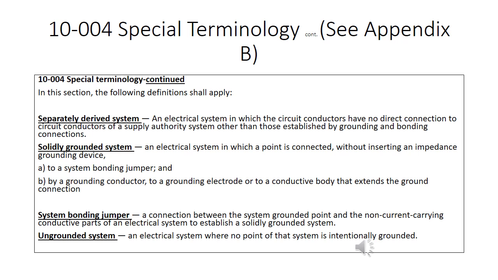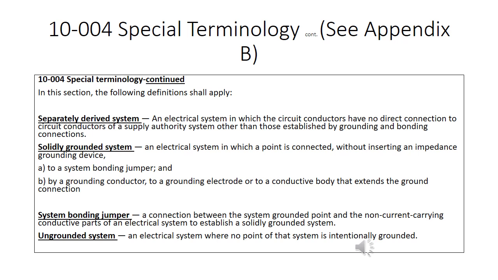Solidly grounded system: an electrical system in which a point is connected without inserting an impedance grounding device, A, to a system bonding jumper, and B, by a grounding conductor to a grounding electrode or to a conductive body that extends the ground connection.